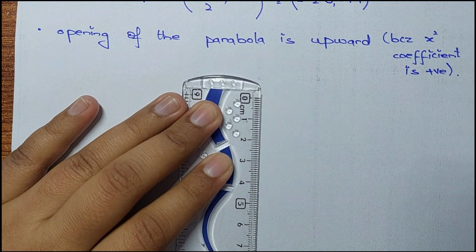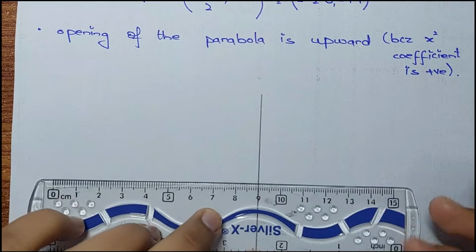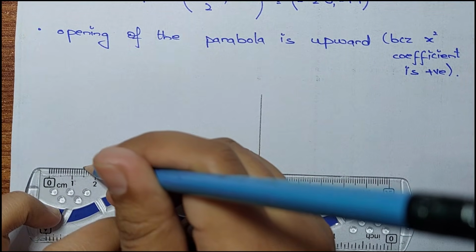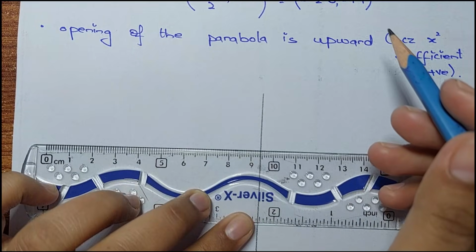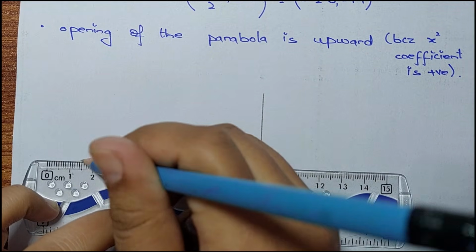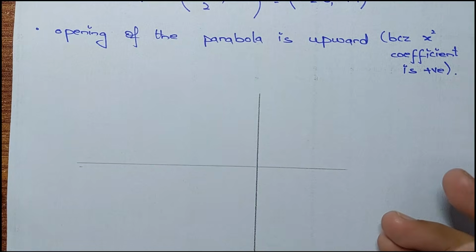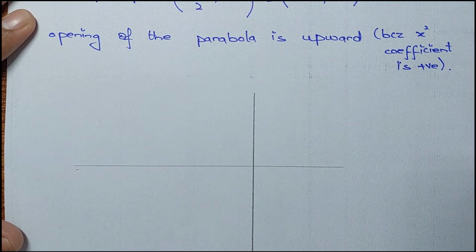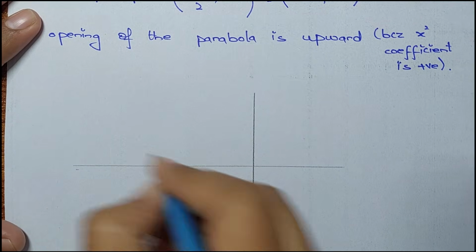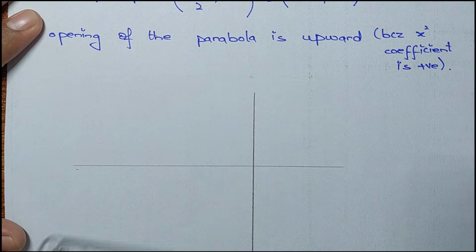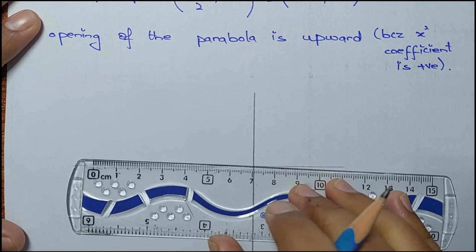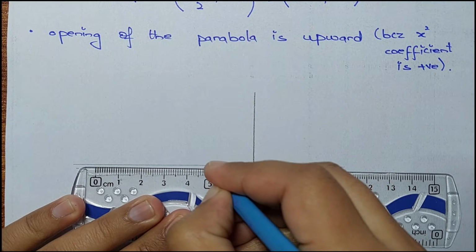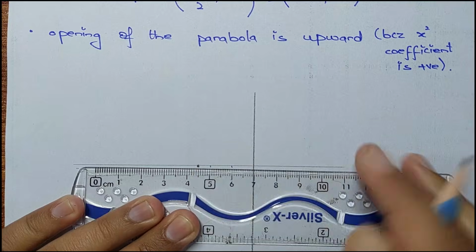The x coordinate should be −2.5 and the y is −19. We are not supposed to sketch the x and y intercepts, right? Now x equal to −2.5 is over here. This is −1, −2, and −2.5 is this point.